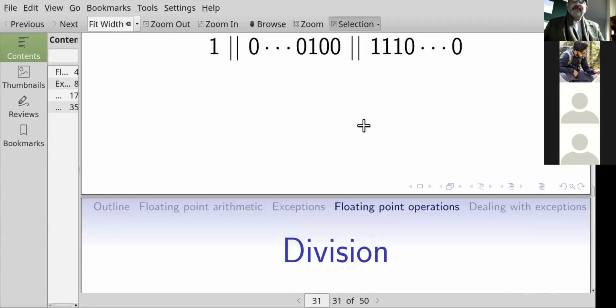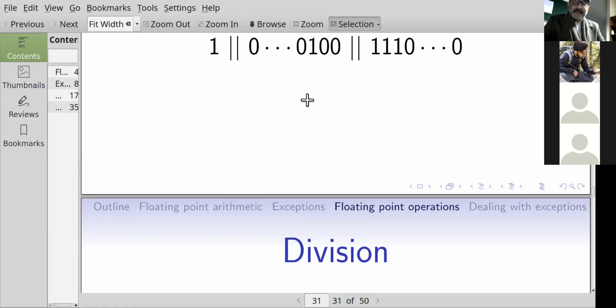Okay. So division. Division is a little bit more complicated. Again, for the signs, you compare the signs. If they're the same, assign a 0 to the sign bit. If they're different, assign a 1 to the sign bit. That's easy.